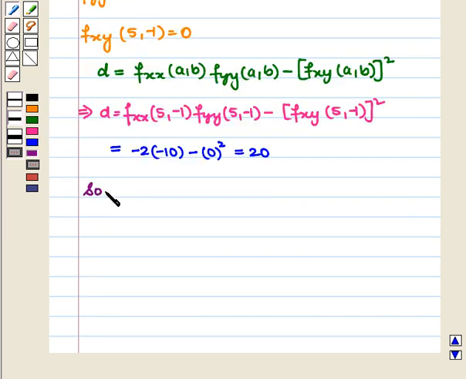So D is equal to 20, which is greater than 0. Also, f sub double x at (5, minus 1) is equal to minus 2, which is less than 0.